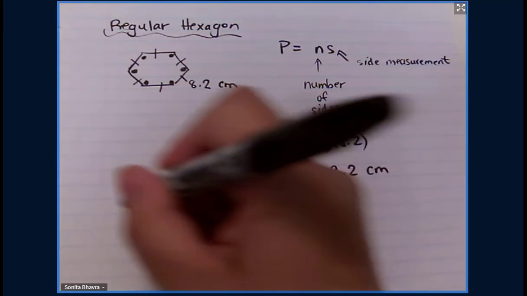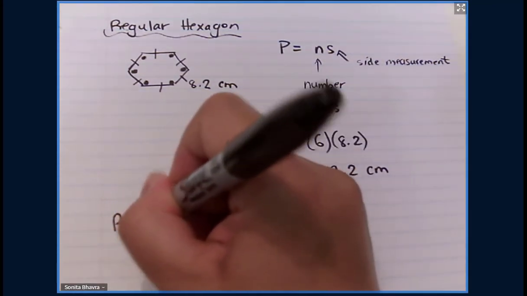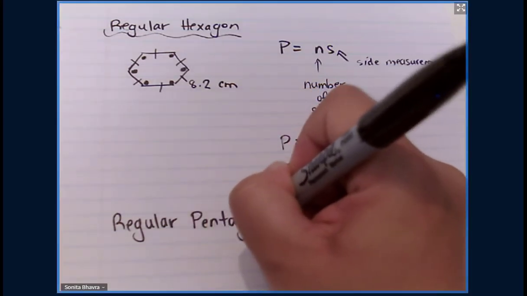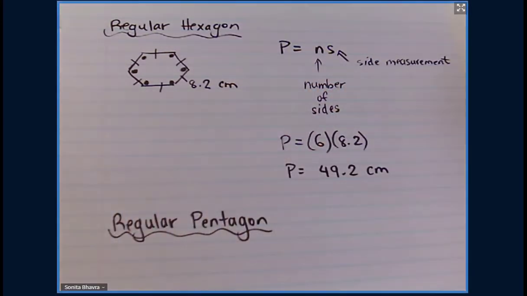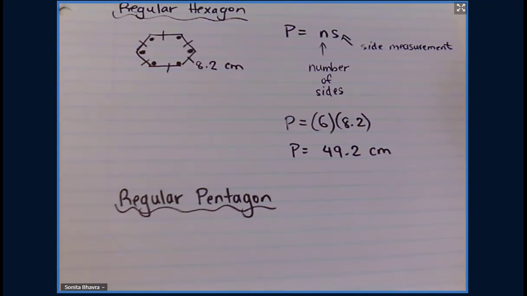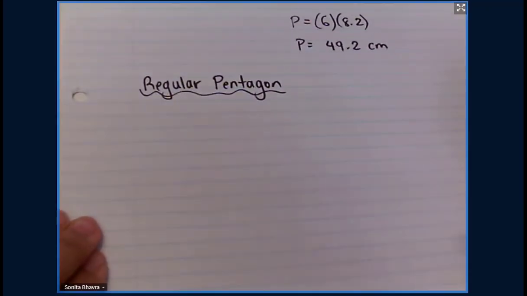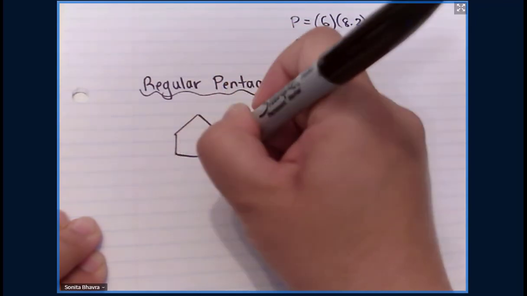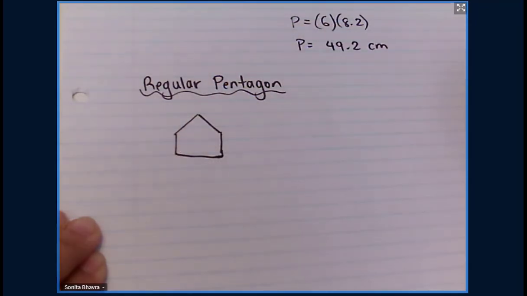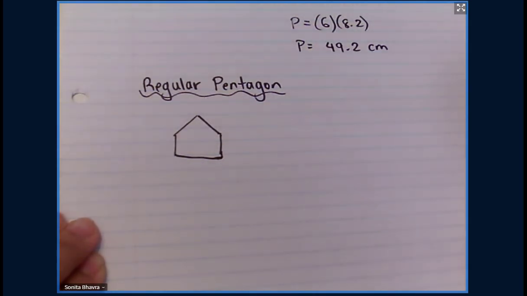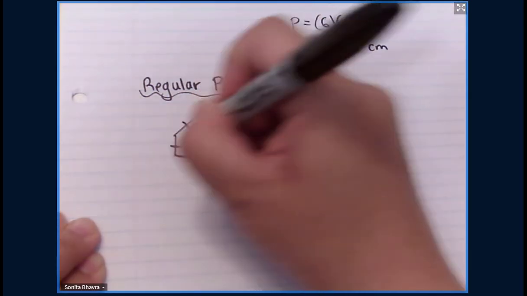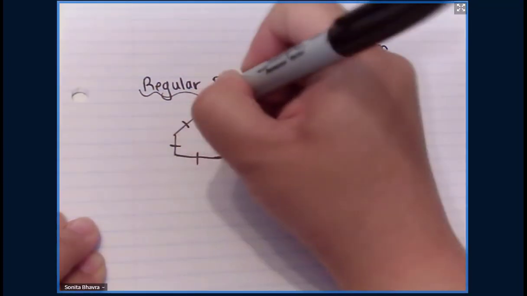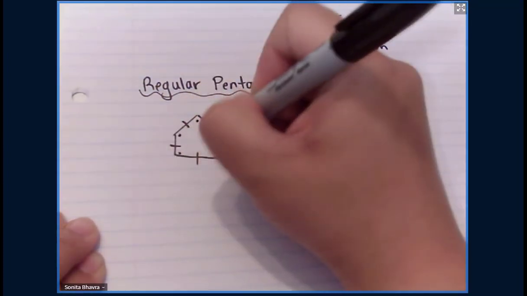All right, next, if we were looking at for example, a regular pentagon, pent is 5 sides. That is what penta stands for. So 5-sided figure, 1, 2, 3, 4, 5. But I didn't draw it to scale, but all 5 sides are the same and angles are the same as well.